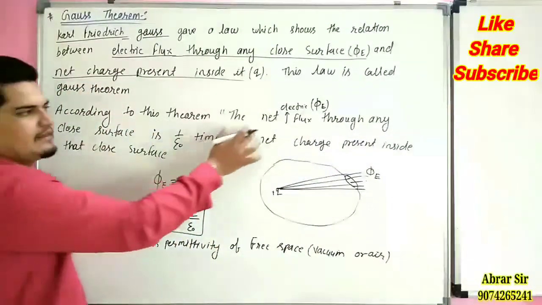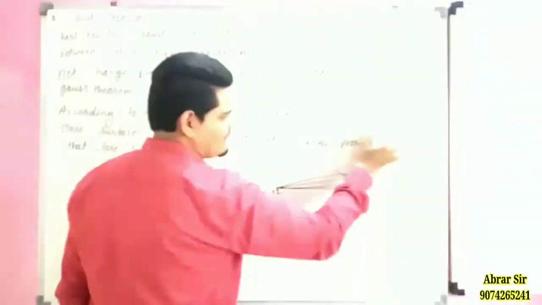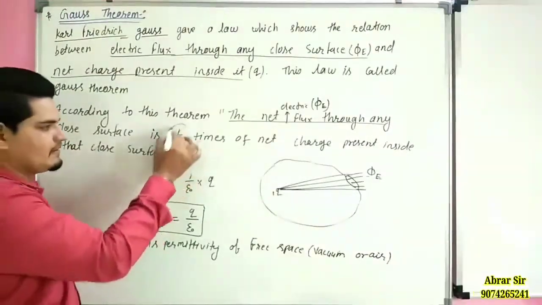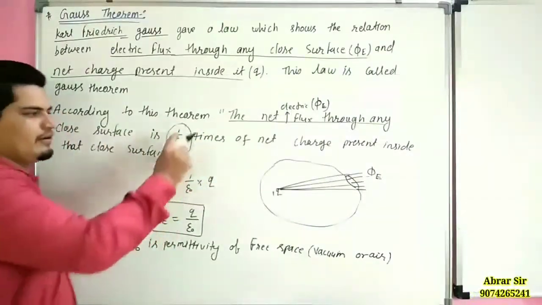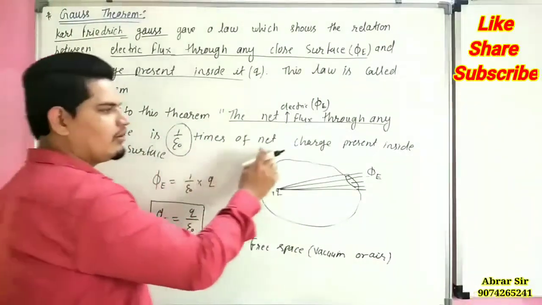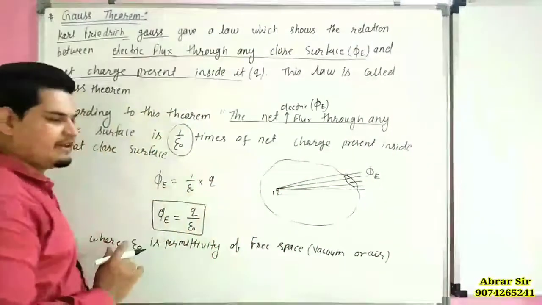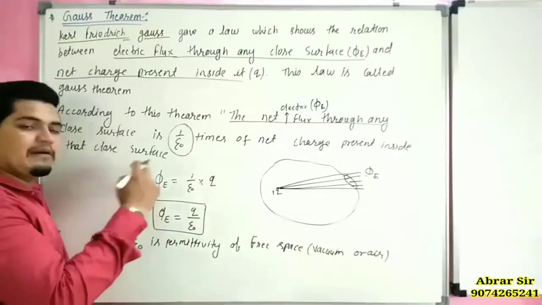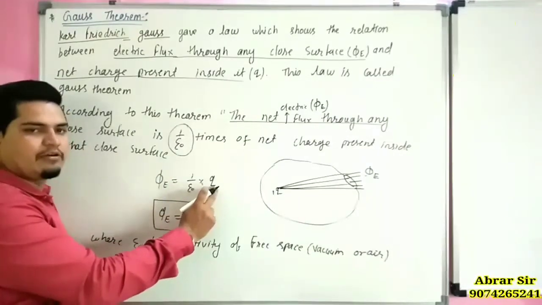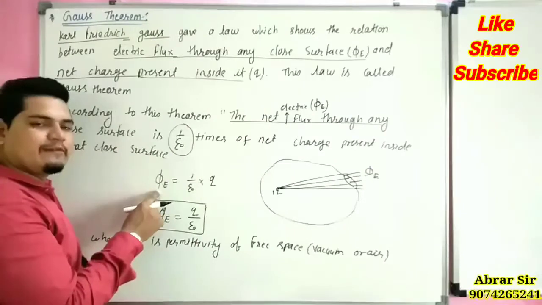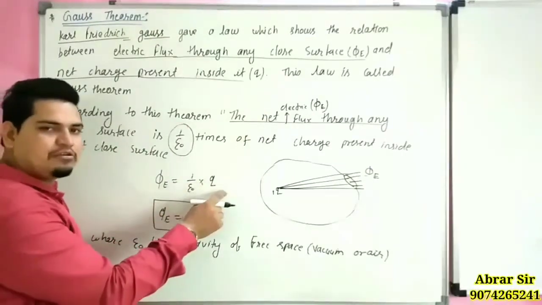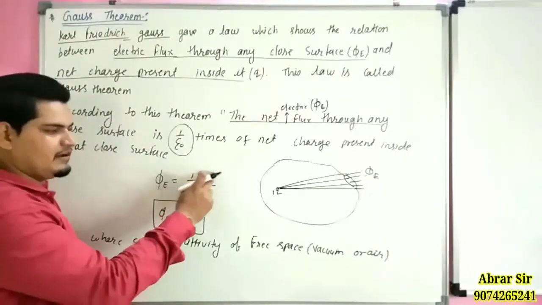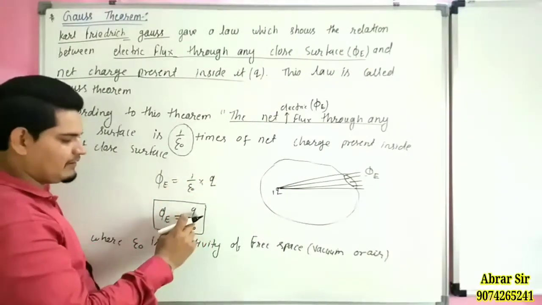According to this theorem, the net electric flux through any closed surface is 1 upon epsilon times the charge present inside it. This is very important. It means the electric flux phi E is 1 upon epsilon times the total charge Q present inside the surface. When we multiply 1 into Q, it becomes Q.